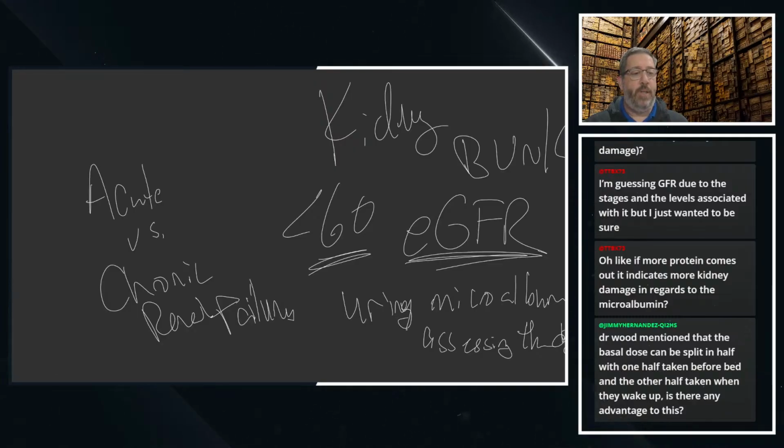So Dr. Wood mentioned the basal dose can be split in half, with one half taken before bed, the other half taken when they wake up. It's fine. You can do it that way. You're just going to have the basal dose. It'll stay in your system for the 24 hours, but at least you're not getting a big bolus of that basal dose all at once. And that's what you're trying to avoid.